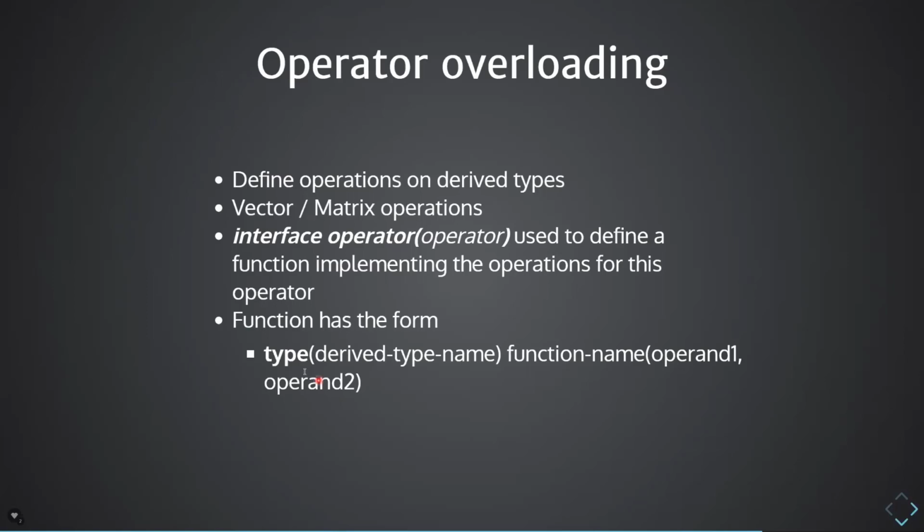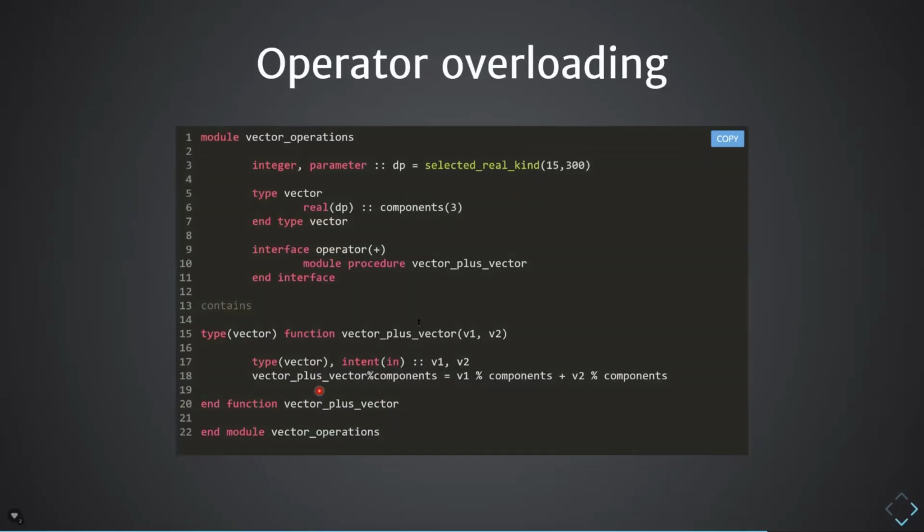And the syntax is type and your derived data type, the name of the function, and then operand 1 and operand 2. So in this case here, I want to implement vector addition, and I've declared a derived data type called vector, which contains 3 floating point components, and then I want to redefine the addition operator.